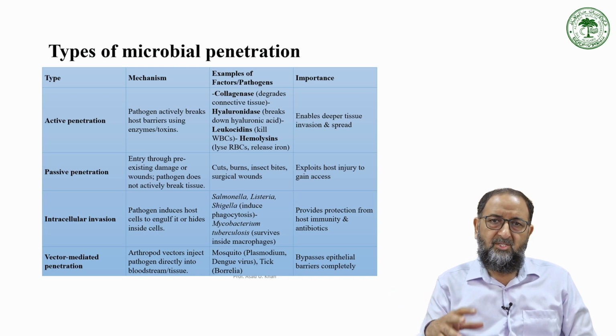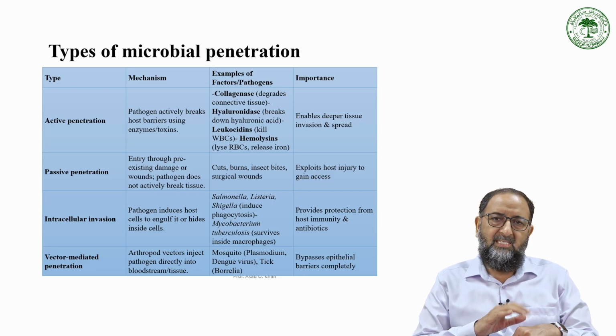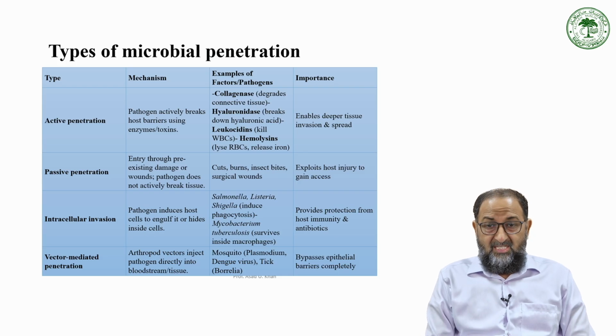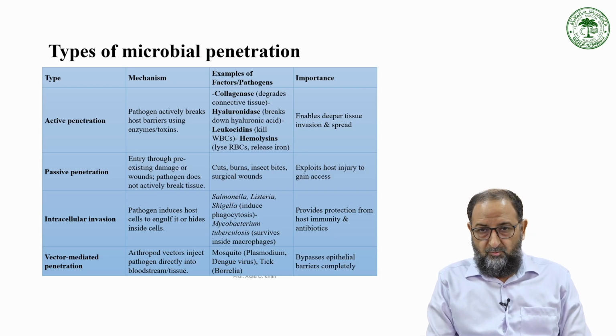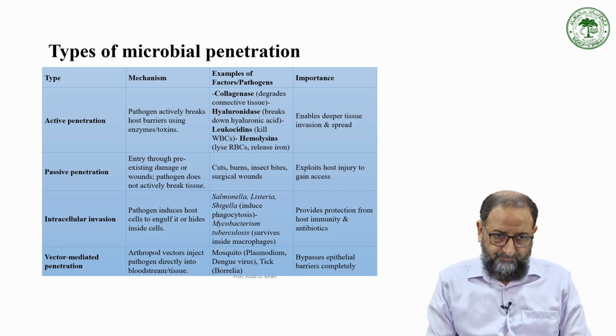So already existing broken tissues are used for passive penetration by the bacteria. For example, if there's a wound, bacteria can easily enter into the wound. This is called passive penetration. For example, cuts, burns, insect bites, surgical wounds, and so on. And it exploits the host injury to gain access. So this is the importance of passive penetration.